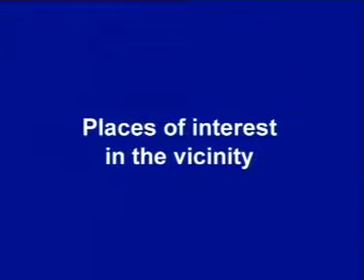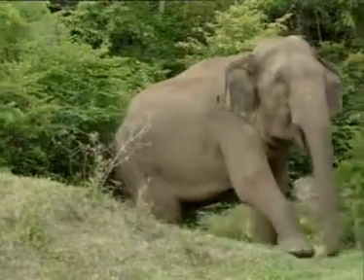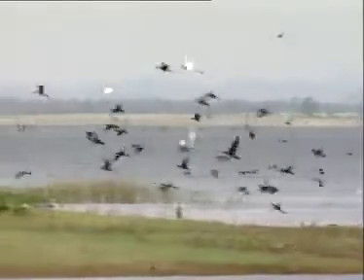Places of interest in the vicinity. Finally, let's take a look at some of the places of interest found in and around the city of Kataragama. Almost on its southern border, we come across the Yala National Park, which shelters many species of animals and birds.